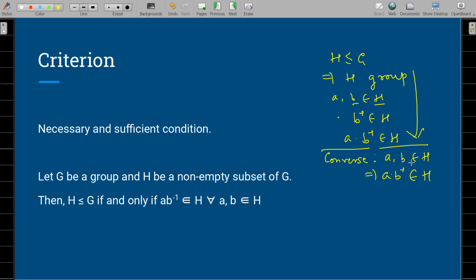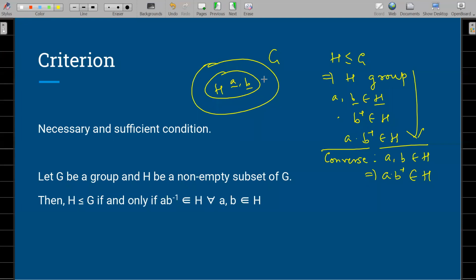But again, note this is a little tricky. What do I mean by I want to prove H is a subgroup? Right, I'm not given that H is a subgroup. I want to show it is a subgroup. So what do I mean by b inverse? Note H is already inside and G is a group, right? So even if I take two elements a and b from H, they are also elements of G. And as elements of G, they have inverses. So b inverse will exist, right?